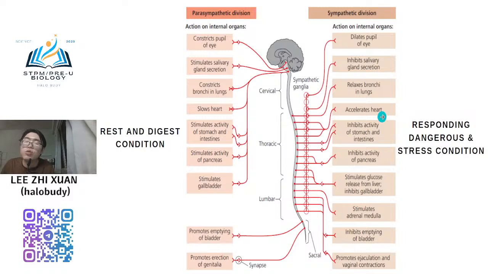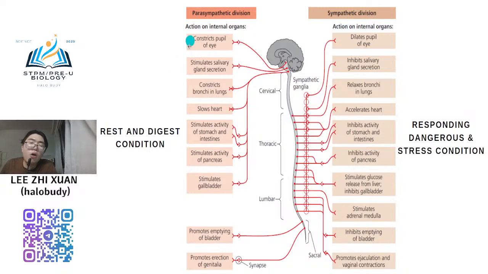Noradrenaline will increase your stress response, right? It will make you more stressed, more panicked, and more concentrated. Why? Because sympathetic responds to dangerous and stressful conditions, as the fight and flight response. When you are very stressed, when you are in a dangerous condition, then sympathetic will take place.